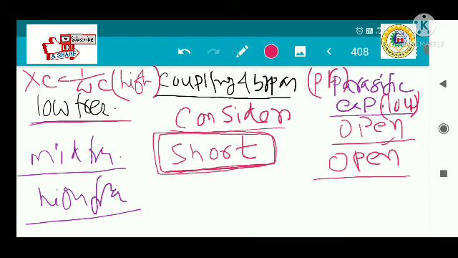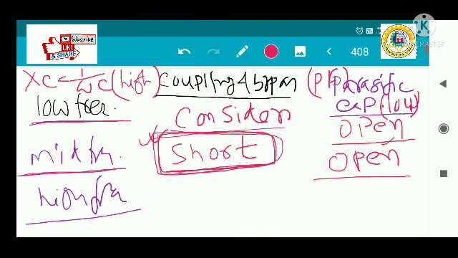Whatever analysis we have studied till now, this is the condition we have assumed. We have not considered the low frequency and the high frequency, we have considered the mid frequency. That's why we always short circuit the capacitances in AC analysis, the coupling and bypass capacitances, for this reason.